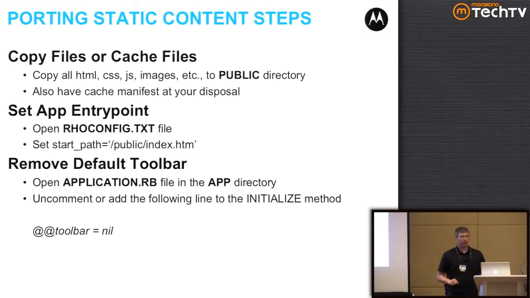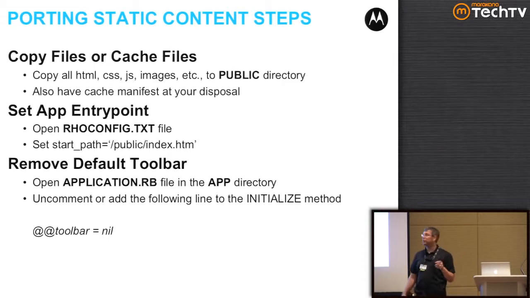And I'll show you a demo of that in a few minutes. I took a pure HTML5 app that our training department wrote and dropped it into the public directory in the RhoElements project. Now, after you copy the files, there's only two other steps that you have to do to enable the project to be run natively, okay?